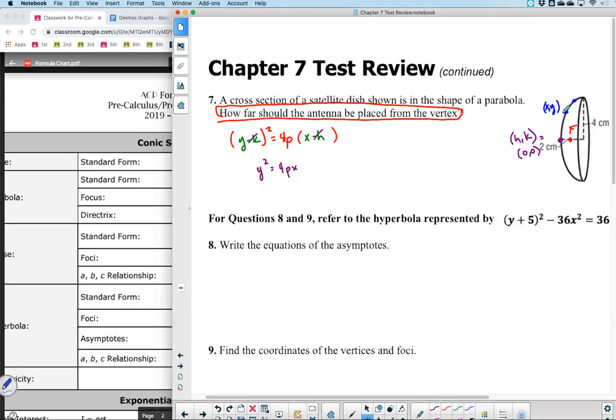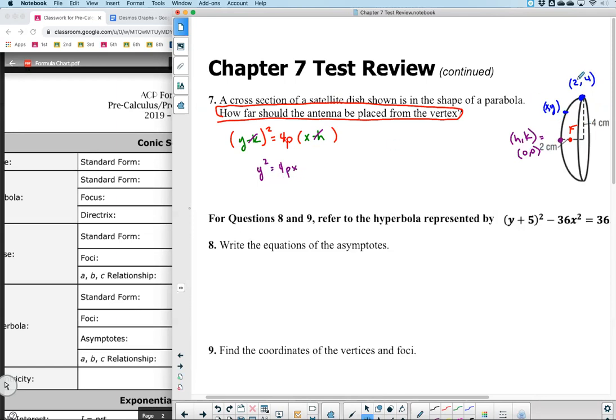So on mine, I don't know this point, but I could find this point right there. It's 2 units right of the vertex, and it says it's 4 units up. That is an x and y value. So I could solve this problem. Again, this x and y represents any x and y that's on the parabola itself.